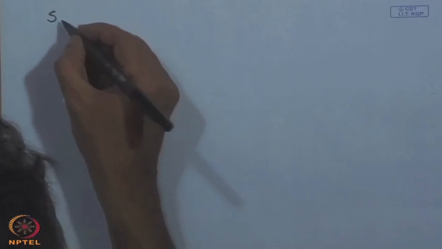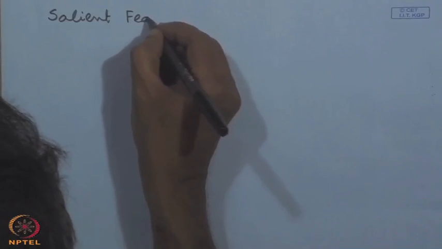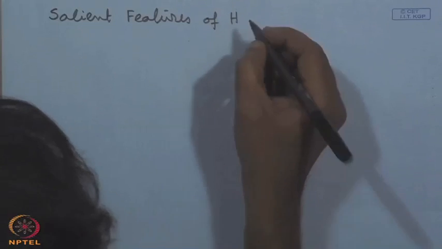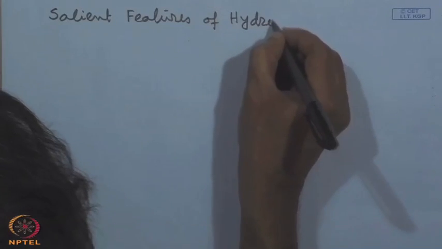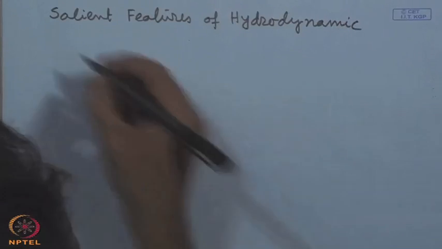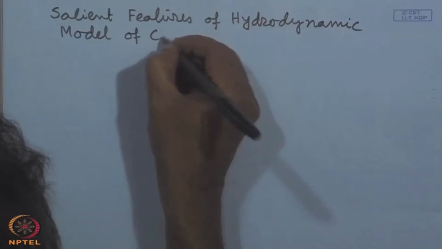Now, there are some salient features of the hydrodynamic model. That means certain assumptions have been made to develop this model. So, let us see what these features are. Salient features of the hydrodynamic model of CHF.